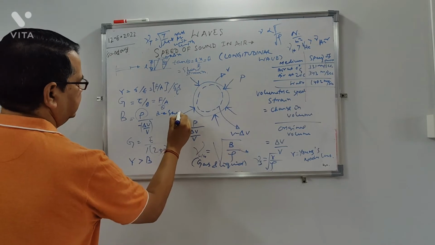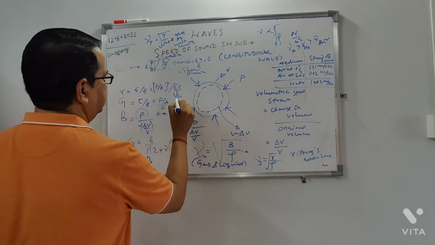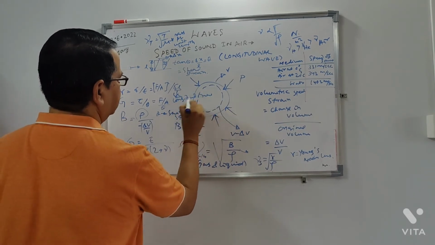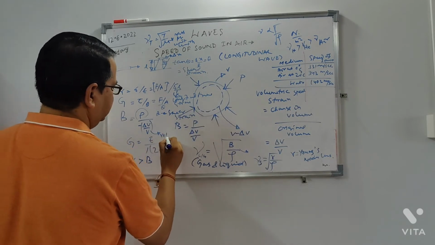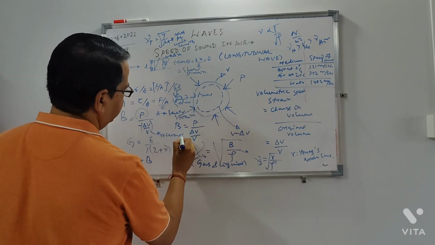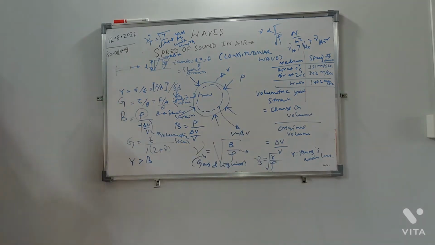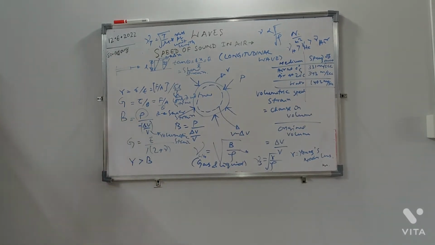For solid we are considering longitudinal strain, and this is volumetric strain for gas or liquid. So this B is nothing but P divided by del V by V.